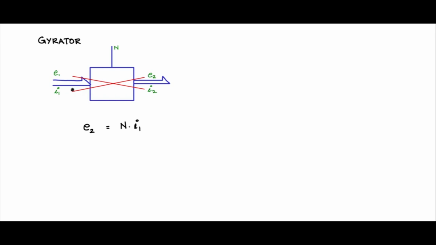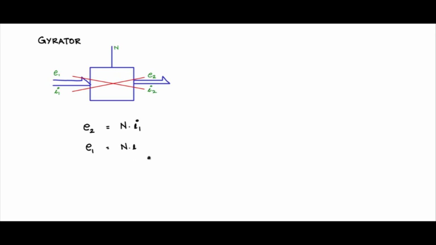E2, the potential variable of the output port, is related to the kinetic variable of the primary port, scaled by the parameter N. Likewise, E1, the potential variable of the input port, is related to the kinetic variable of the output port, again scaled by parameter N.